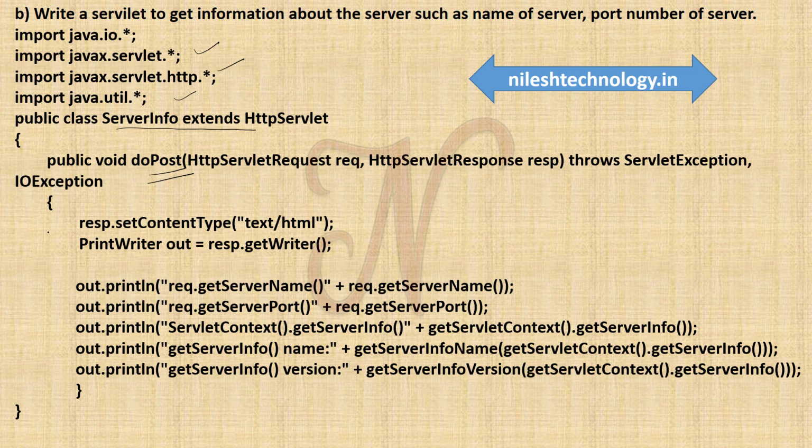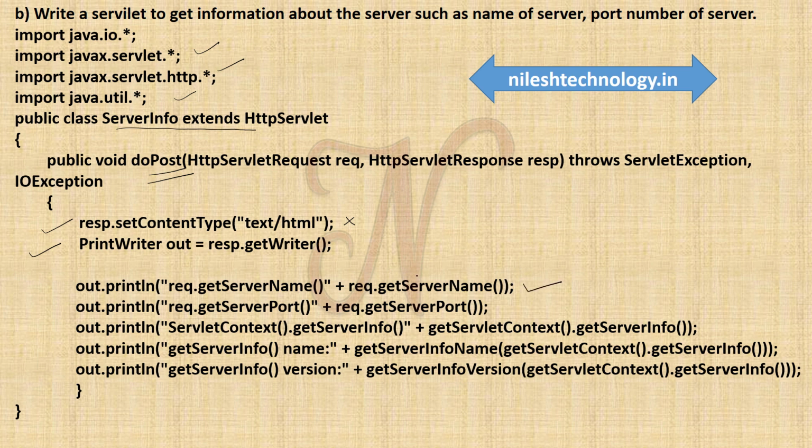Here we set the content type of the browser. By default the content type is text/html, so there is no need to set it. Next, the PrintWriter object, out equals response.getWriter, and here we use some built-in methods. If you want to print the server name, there is a method getServerName.